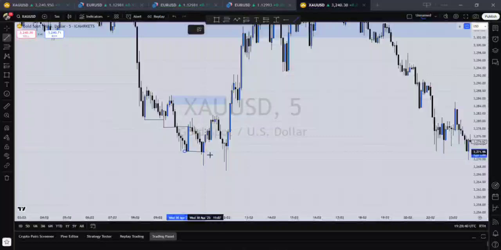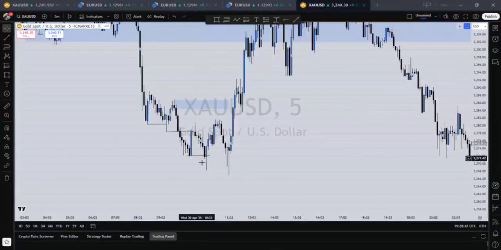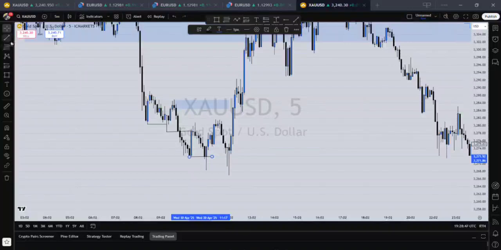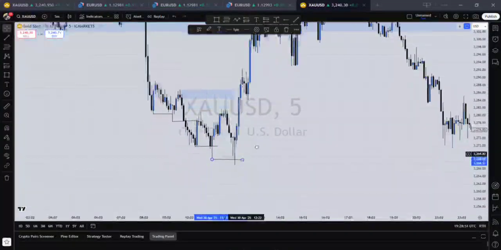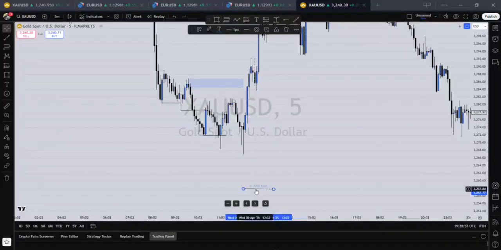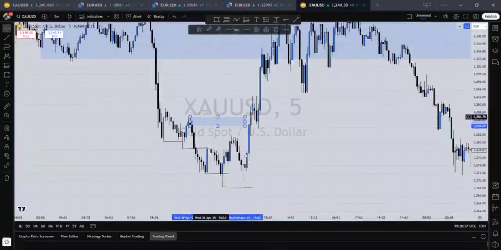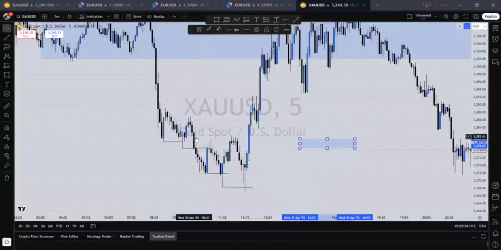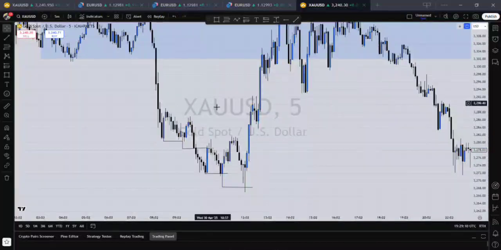This is range structure break. Okay, fourth break. So the second demand, after the third break, what happened? Price took out the first demand, used the immediate fair value gap to react, so to give a fourth break.